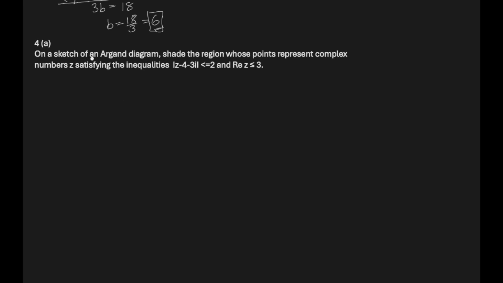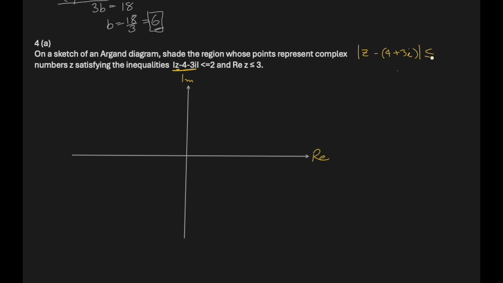On a sketch of an Argand diagram, shade the region where points represent complex number Z, satisfying the inequalities. So I have drawn here some axes. This is the real part, this is the imaginary part of the complex number Z. First of all, this whole expression should be written like this: the magnitude of Z minus (4 plus 3i) is less than or equal to 2.